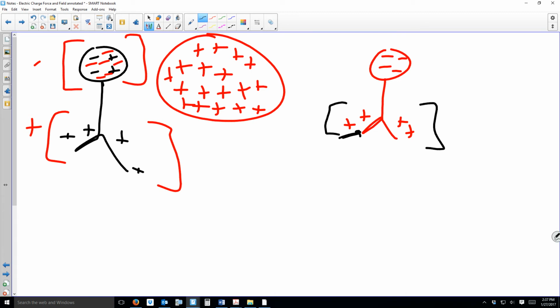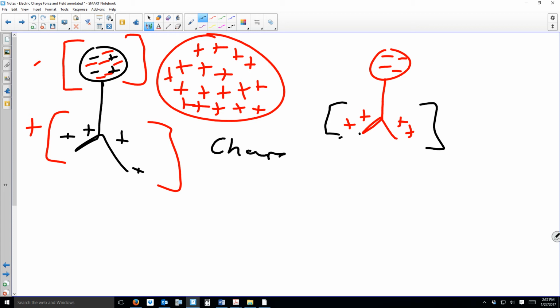And after I unground it again, so I disconnect it from the Earth so I can't lose any of those electrons, and I remove my object, then overall I would have more electrons than protons because I added some and didn't actually take away any. And with doing that, we end up with a negatively charged overall object. So when we charge by induction, we switch the charges.